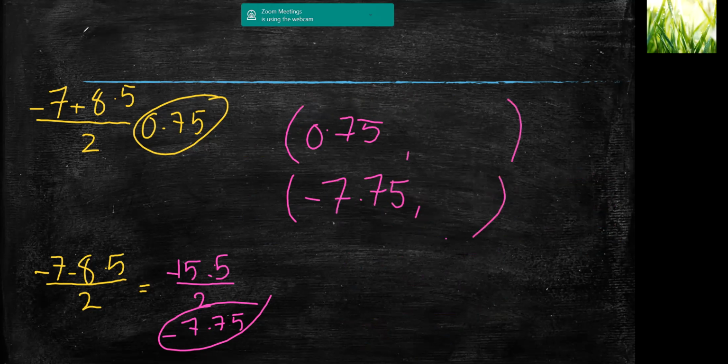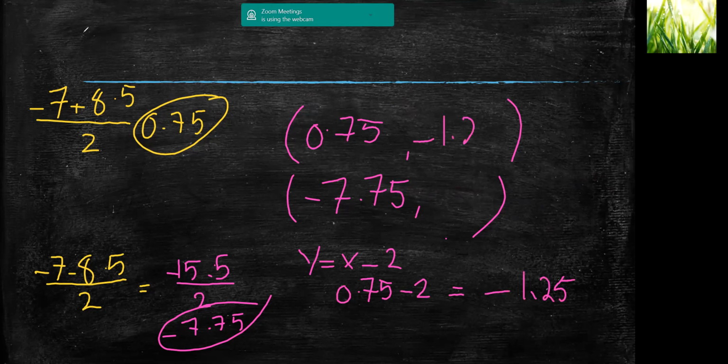Let's find y now. Let's replace in the easier one, which is y equals x minus 2. If x is 0.75, we will say 0.75 minus 2, to be negative. Negative what? 1.25. Yes.